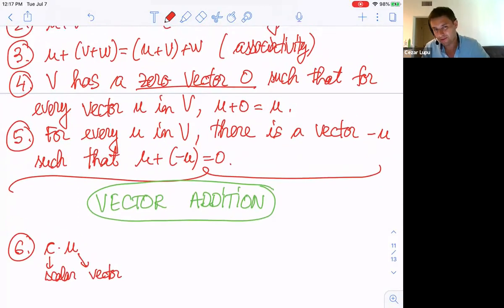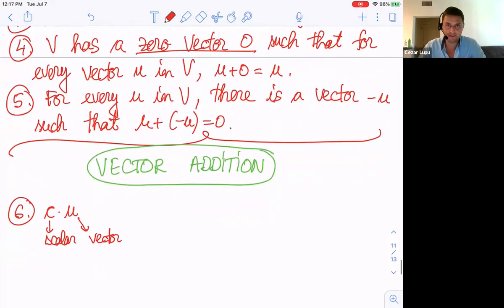I don't want to put arrows here since we're in an abstract vector space, but if you want to do so, you can do it. It's just a matter of preference or notation. In my case, I would like to put an arrow on vectors in Rn, but when I deal with vectors in an abstract vector space, I would like to keep it as a letter without any arrow, but I distinguish between these two.